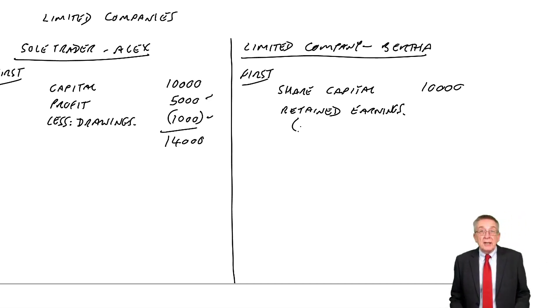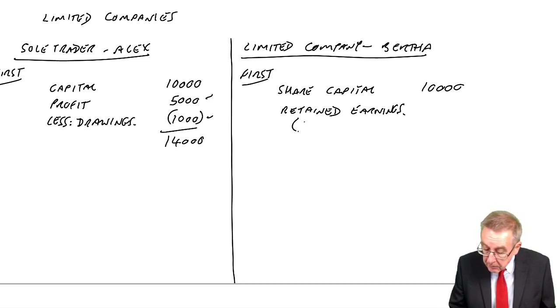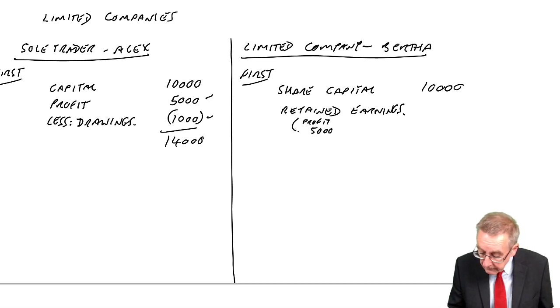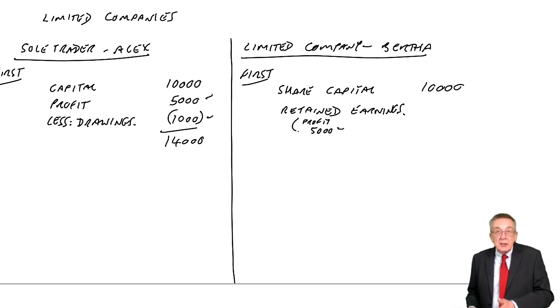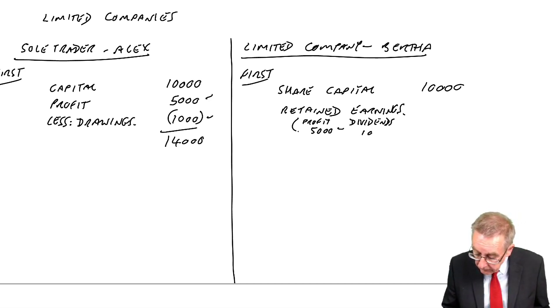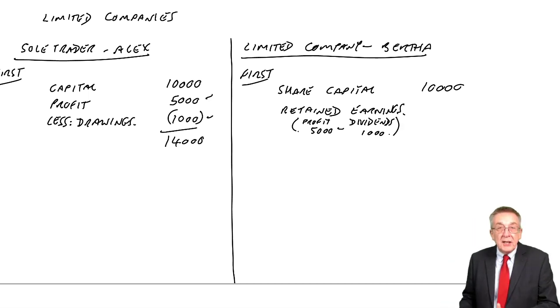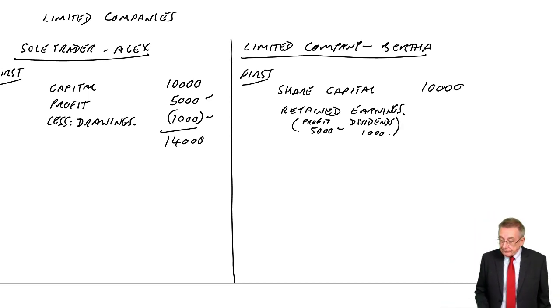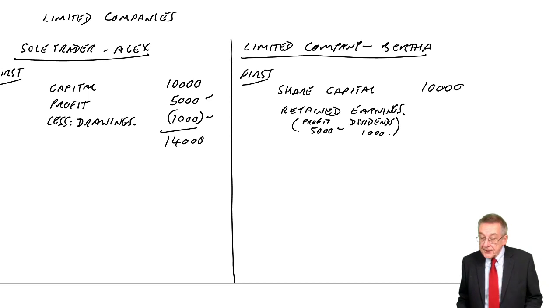And there would have been separate workings. We'll say, the profit was 5,000. But shareholders took 1,000 of that, the dividend. We don't show those workings on the face of the statement. It's just my workings.